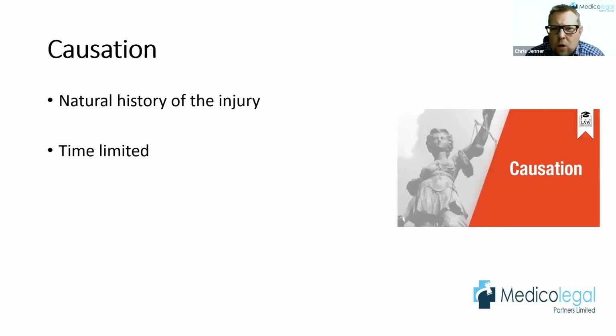Again, when we're looking at causation, we also want to look at the natural history of the injury. So this patient's had hernia surgery and they've got pain in their groin and it's ongoing. What's the natural history of that? Should it actually, in fact, get better within a few weeks or a few months? And if not, why has that not happened? Is it time limited?